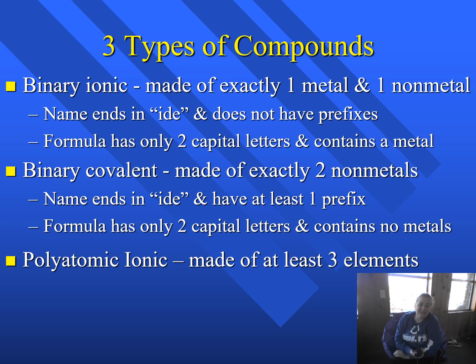Okay, the last kind is polyatomic ionic. So it's also ionic, it forms with charges, but it's got more than 2 elements in it. So it's got at least 3, in other words. Sometimes 4, rarely 5, but sometimes.